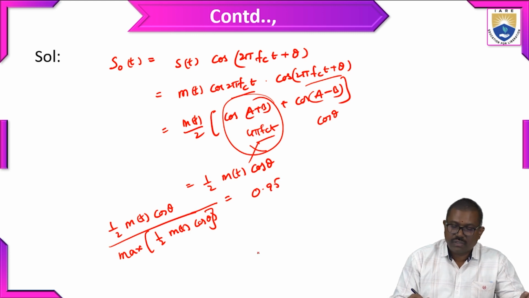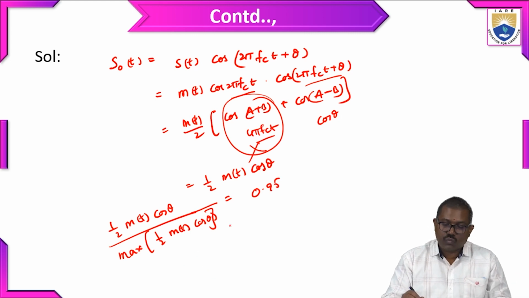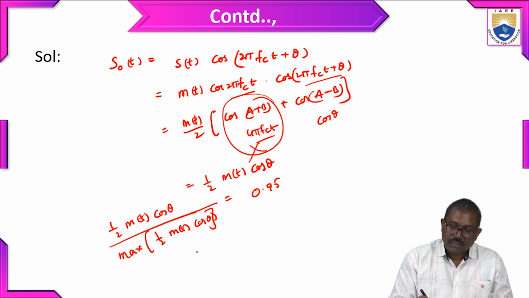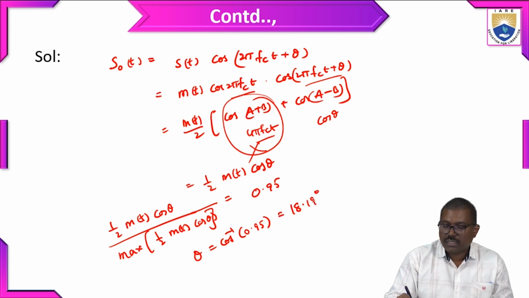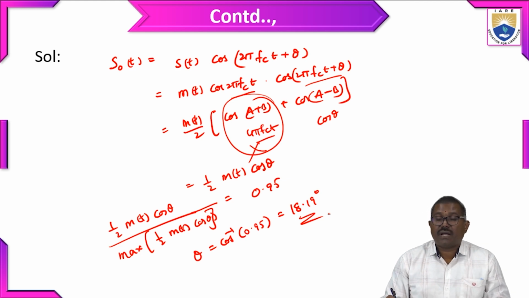Equating this, you get θ equal to cos inverse of 0.95, which is 18.19 degrees. So this is the maximum allowable θ value.